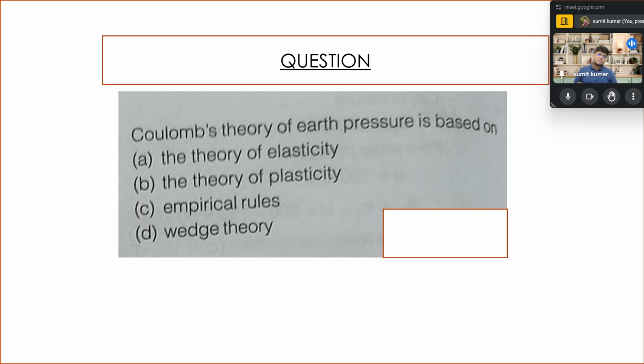So I hope you get a good understanding while answering this question that the answer of this given problem is going to be option number D, that is going to be our right answer.